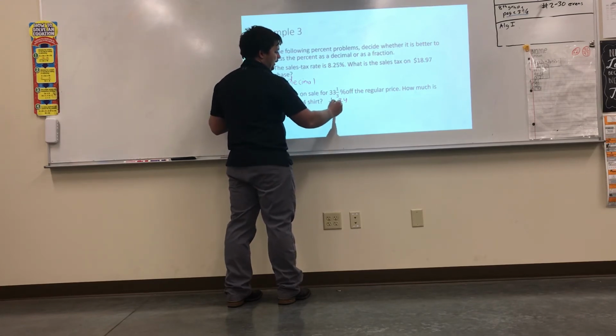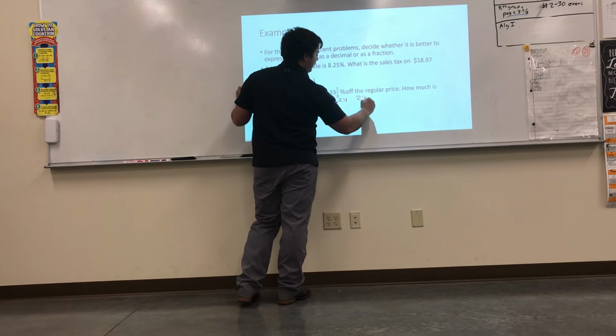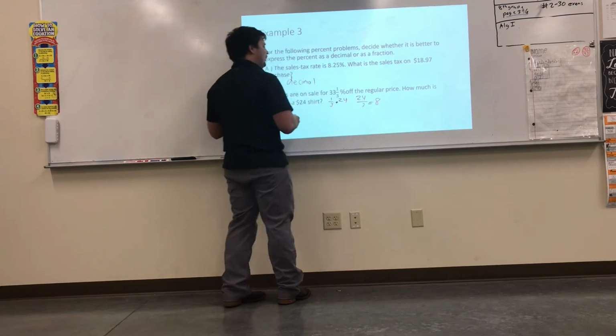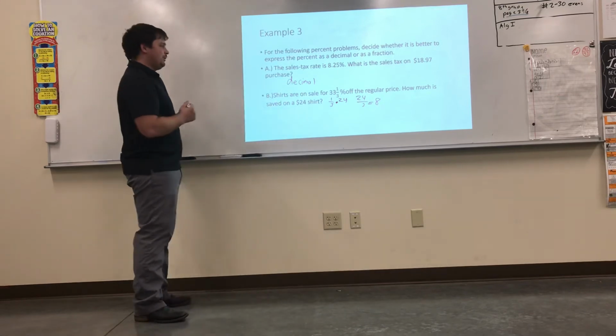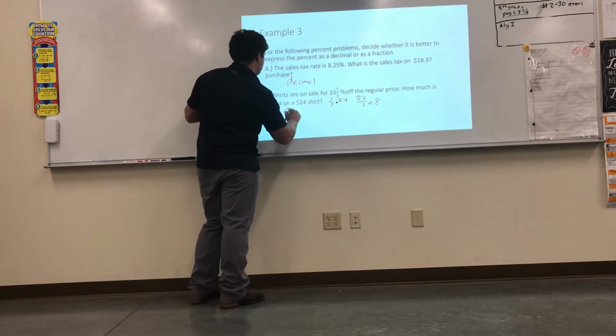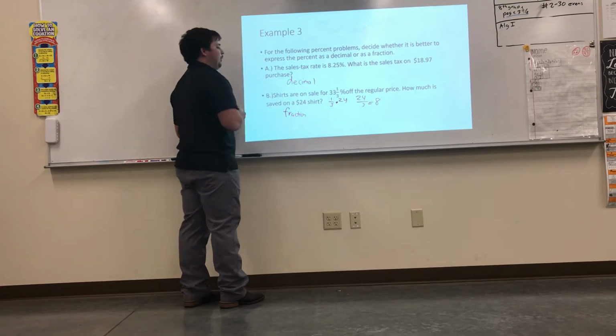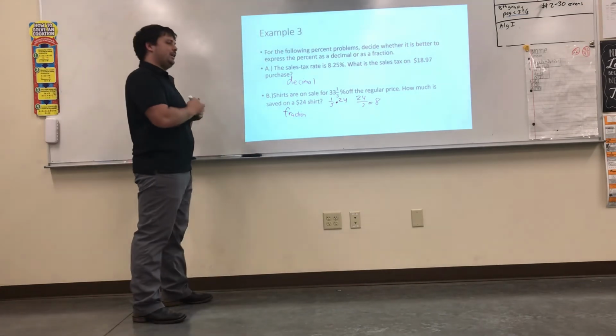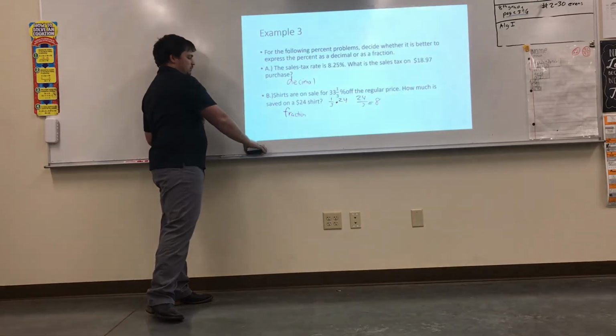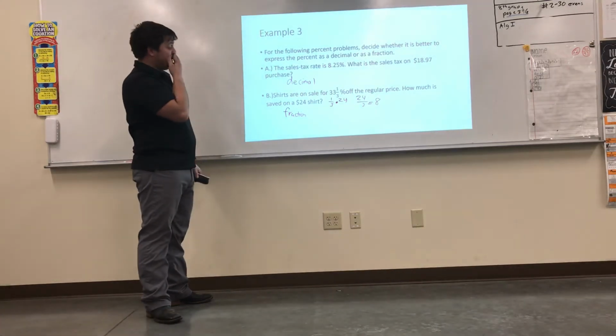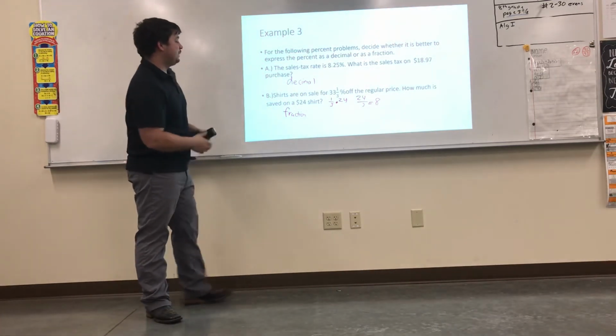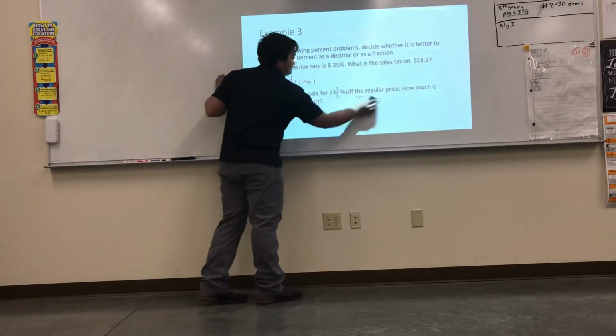We get 24 over 3, which tells us this is 8. We saved $8. I would say that one would be a fraction, because technically that decimal will repeat forever. So those would be my 2 answers for those.